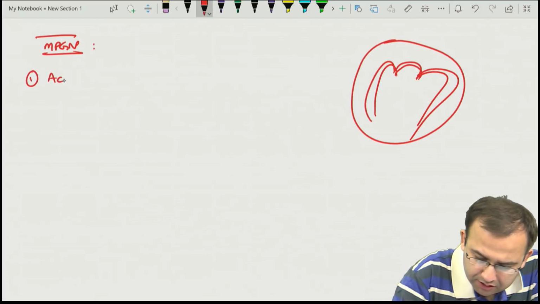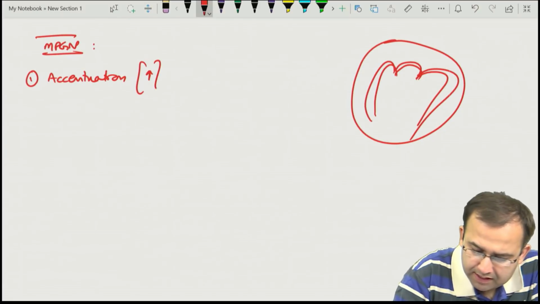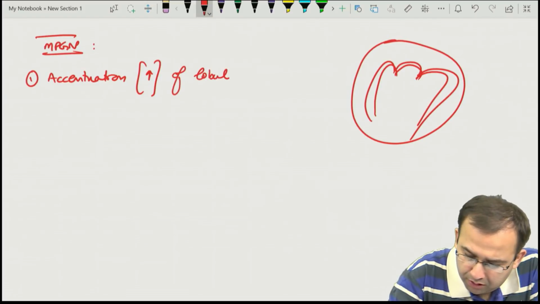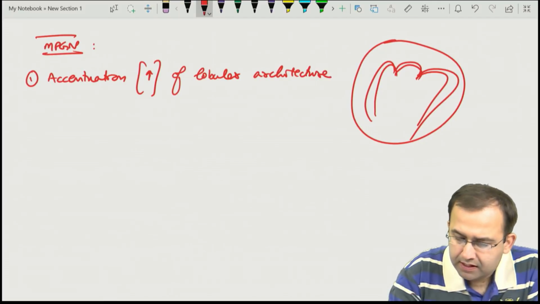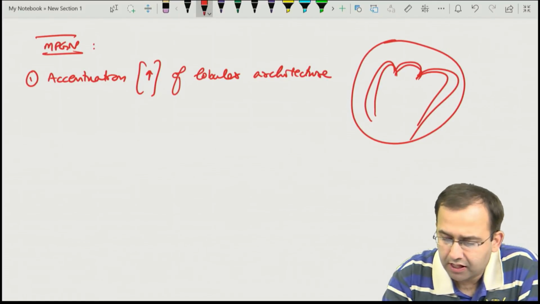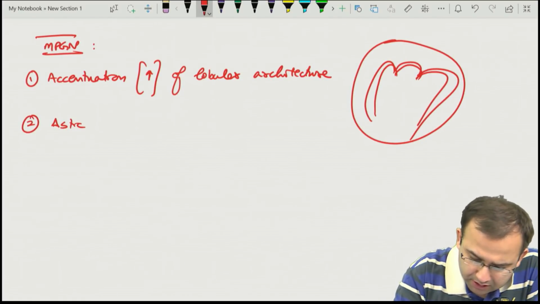It is associated with accentuation, which means increase, accentuation of lobular architecture. That is, the capillaries are aggregated together to form lobules. Accentuation of lobular architecture with diagnostic hallmark.